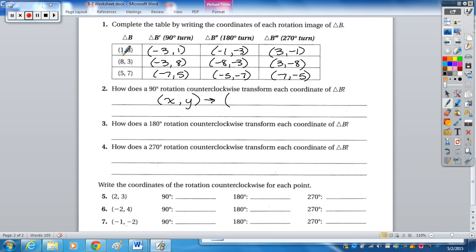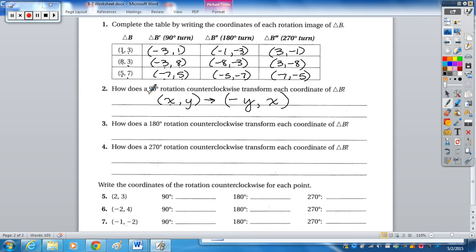But as you look here, 1, 1, 8, 8, 5, 5. So a 90 degree rotation: the x goes to the y position and stays the same. Now the y goes to the x position, but it becomes the negative. So this is going to be -y. And that's a 90 degree rotation counterclockwise.